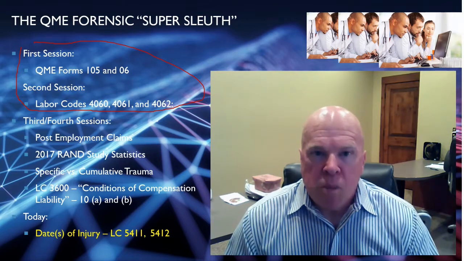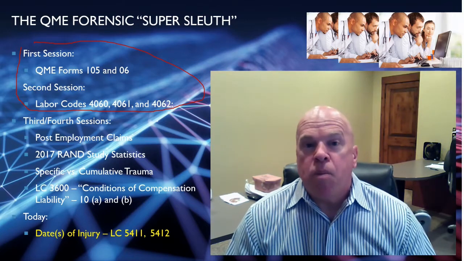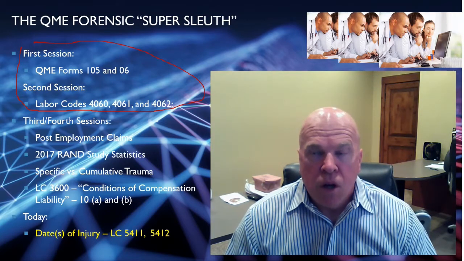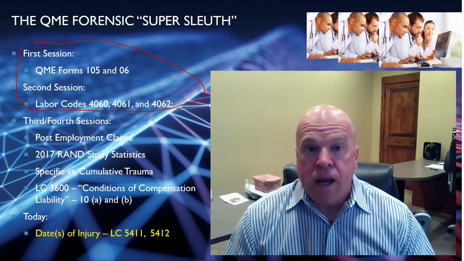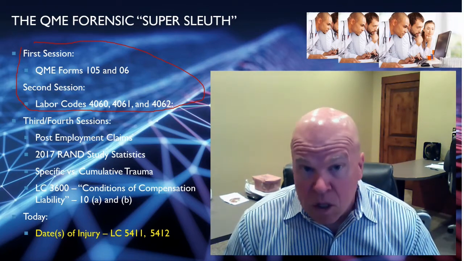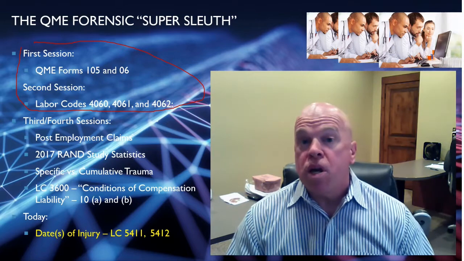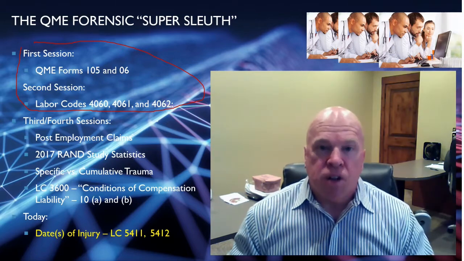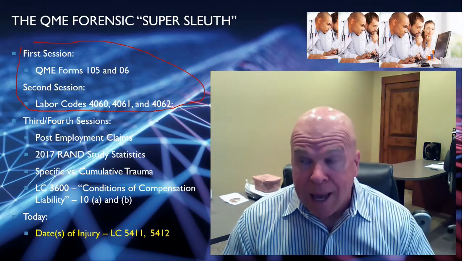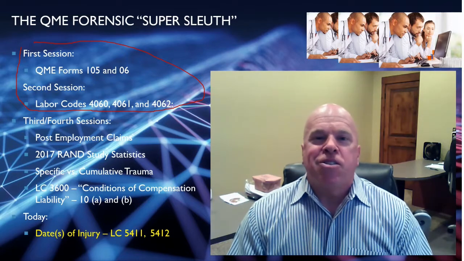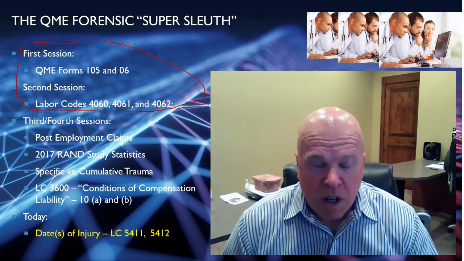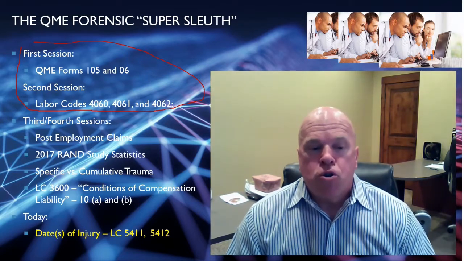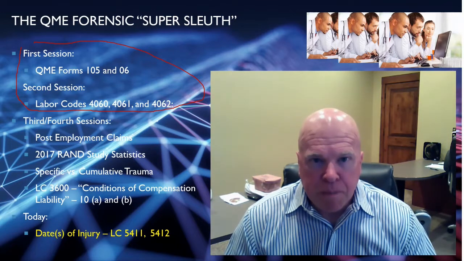And then we spent the bulk of our last session talking about Labor Code 3600, which as a law and as a rule generally prevents, bars, bans, and prohibits the filing of claims post-employment except in certain circumstances.